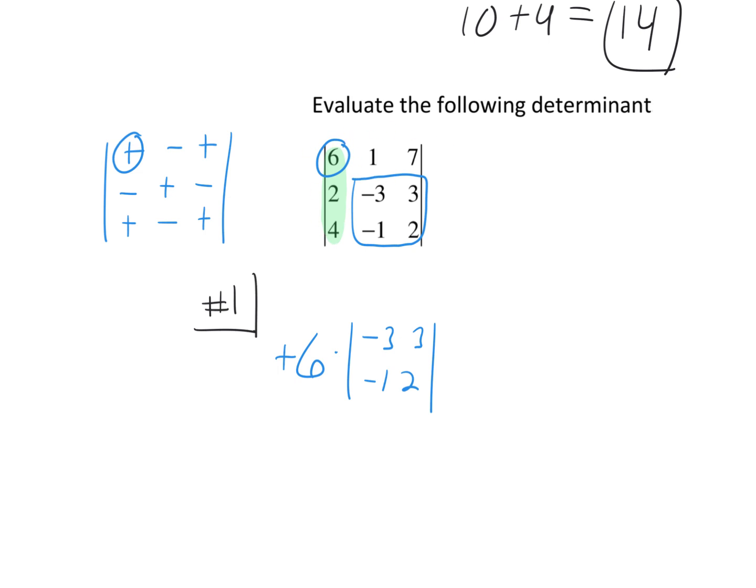All right, we'll do the same thing with the next one. What sign do we see where the 2 is? Good, right? We see a negative. So minus 2, and then what numbers are not in the same row and column as that 2? Good, right? 1 and 7, and then negative 1, 2.